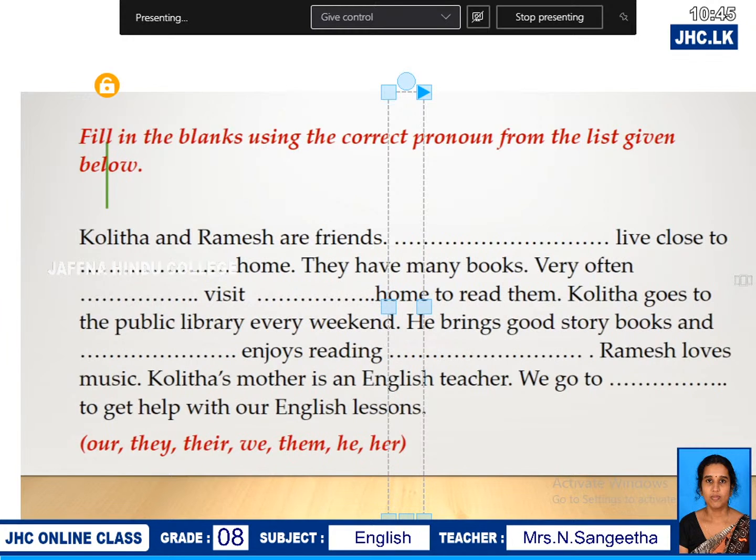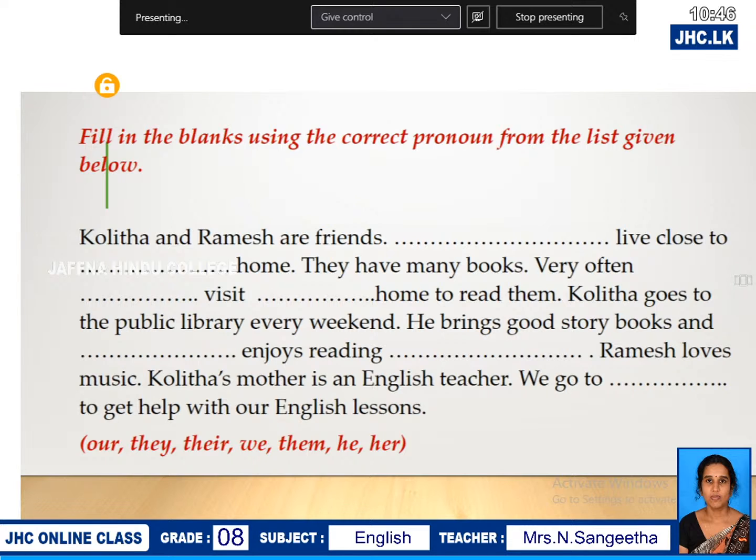Right. What you have to do, fill in the blanks using the correct pronoun from the list given. About the pronouns, the personal pronouns, subject pronoun, object pronoun, we have already studied. Right? You have to find the answers. This is for your revision.